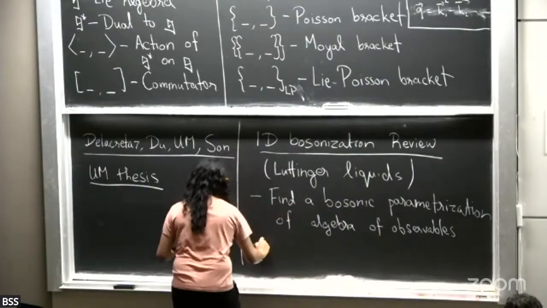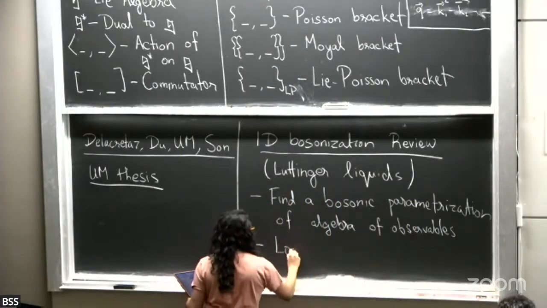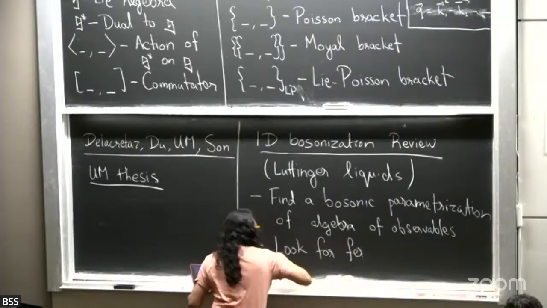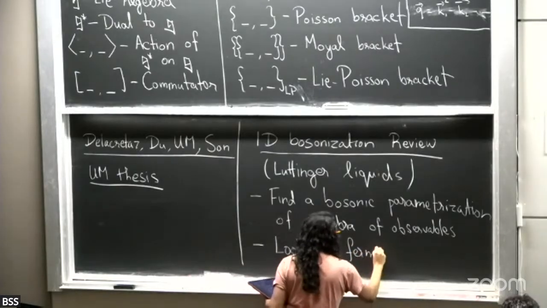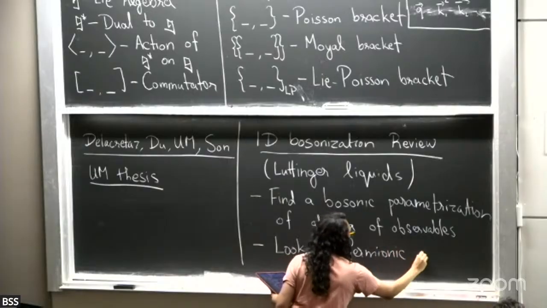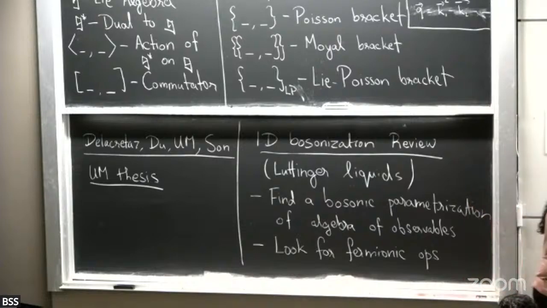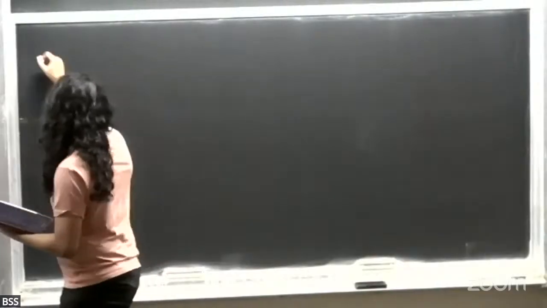Step 2, look for fermionic operators in this bosonic parametrization, the operators that can reproduce the fermion, the electron operator, so that you can write that fundamental degree of freedom in terms of bosonic observables.